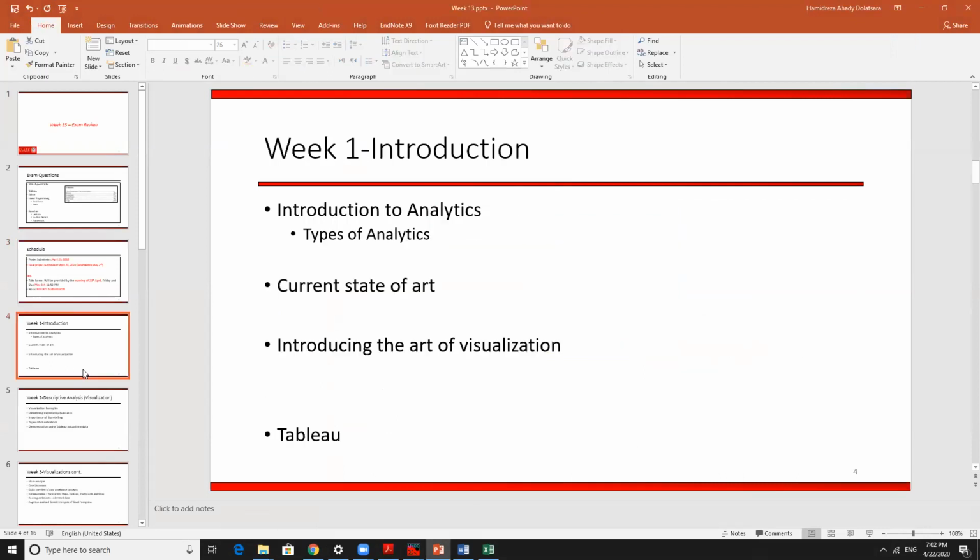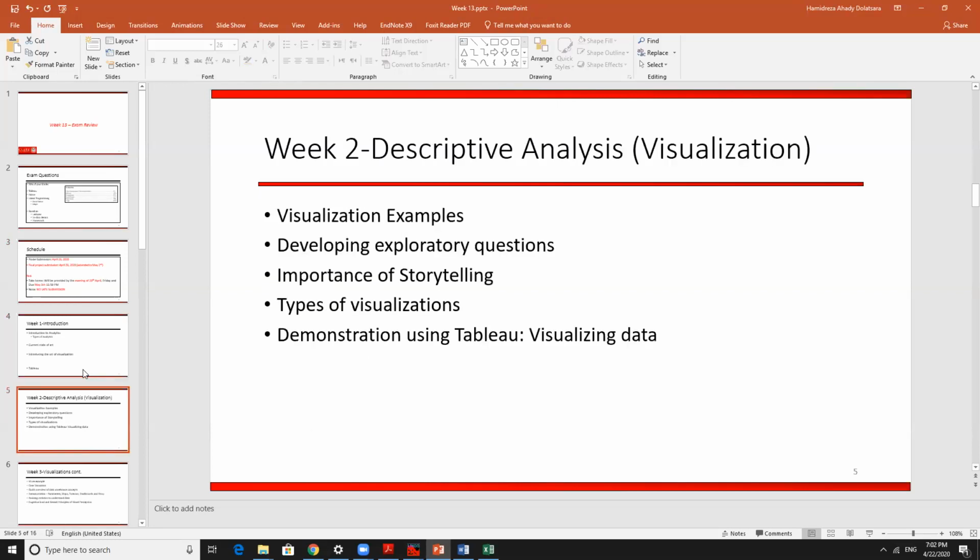So let's review what we had in the first week. It was a little bit of introduction about analysis, and we went over the visualization a little bit, and I introduced you to Tableau. Then we started learning Tableau. In the second week, we had some visualization examples. We had some hands-on experience with Tableau.